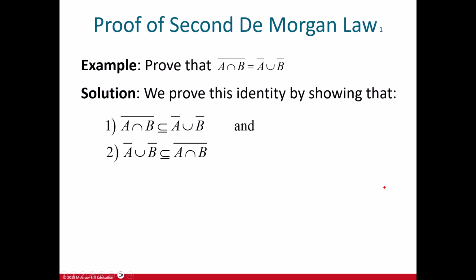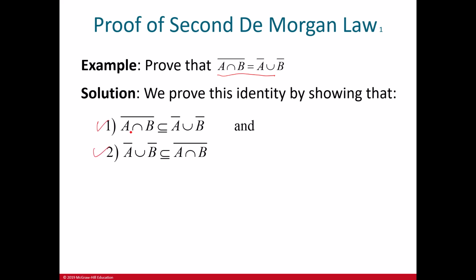Let's consider this example. So we have this identity, is not yet identity. We want to show it's really identity. We're going to show they're really equal. All right. So again, the plan is we're going to do two steps.